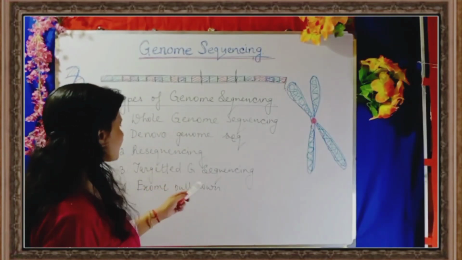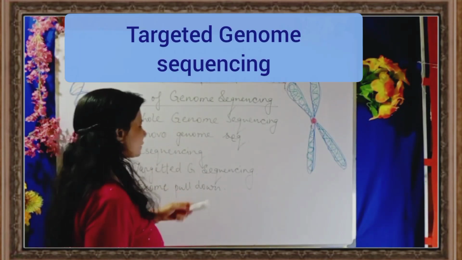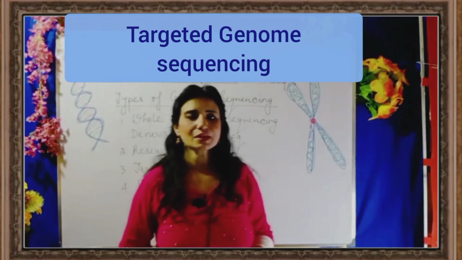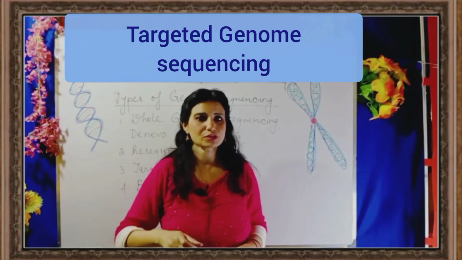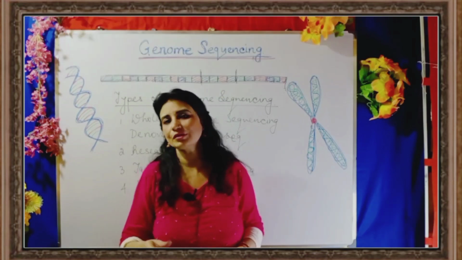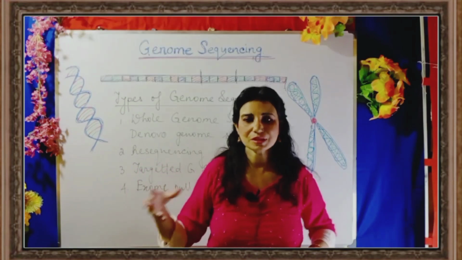Then comes targeted genome sequencing. In targeted genome sequencing, a certain area of interest has to be focused on, and this is very beneficial if we have to know about some disease.